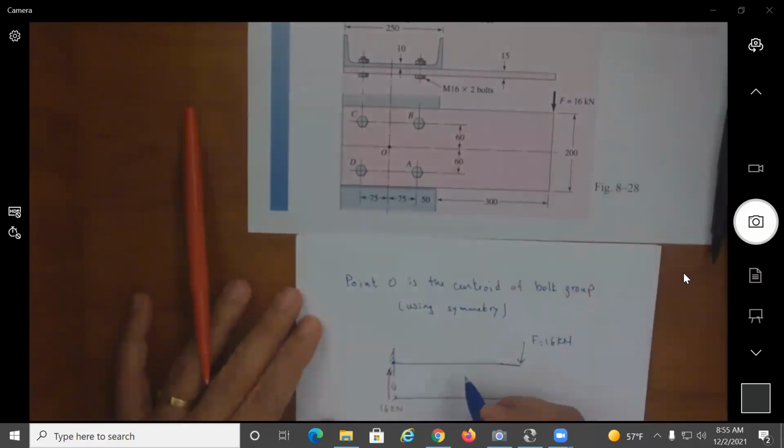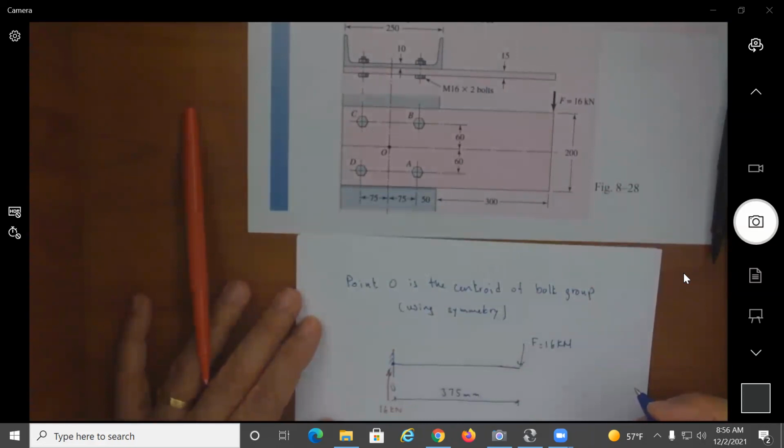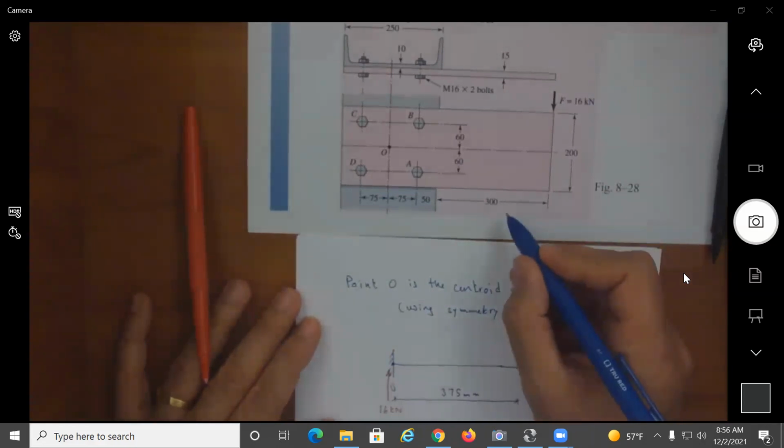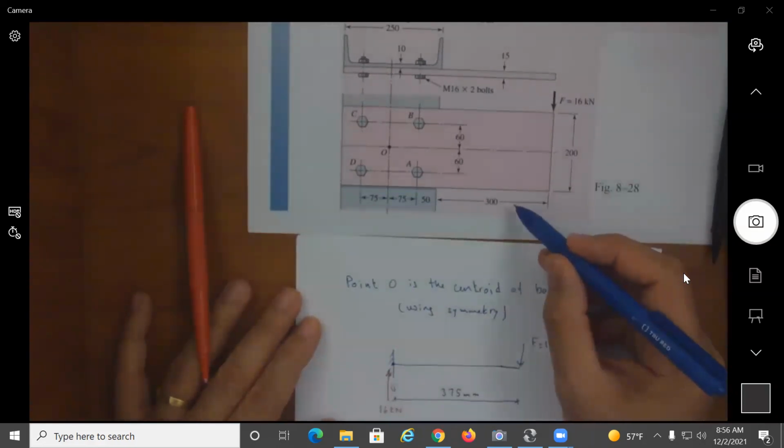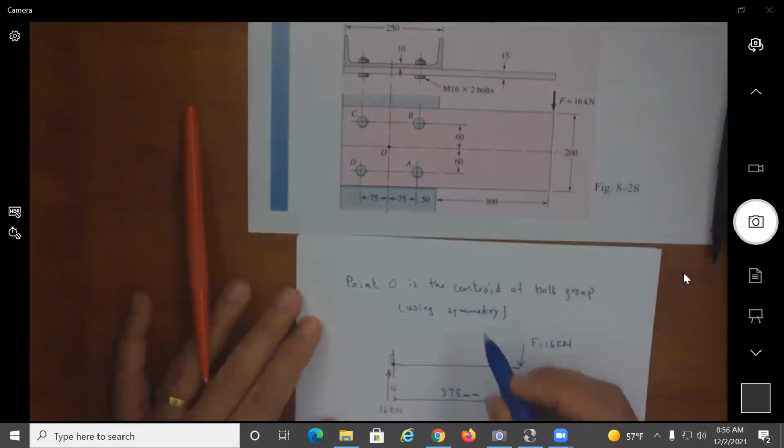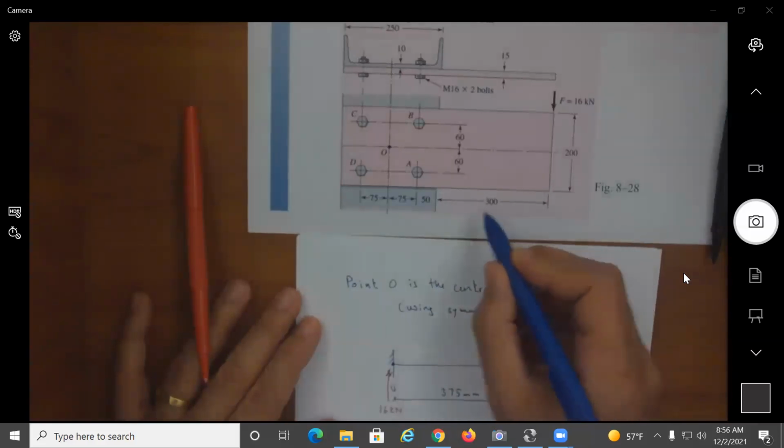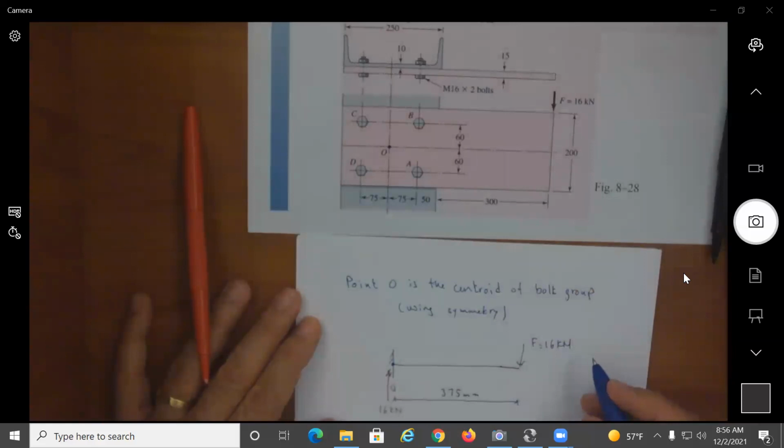So I'm looking at 375 millimeters. I'm sorry, this is not correct. 350 and 75, this would be 425.